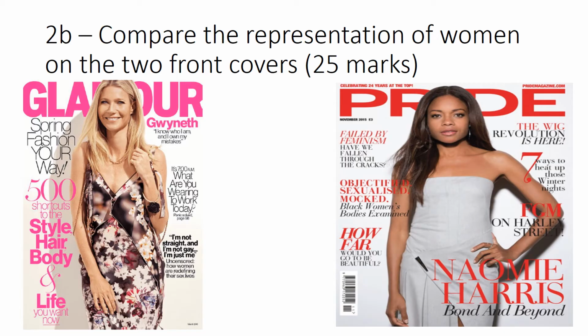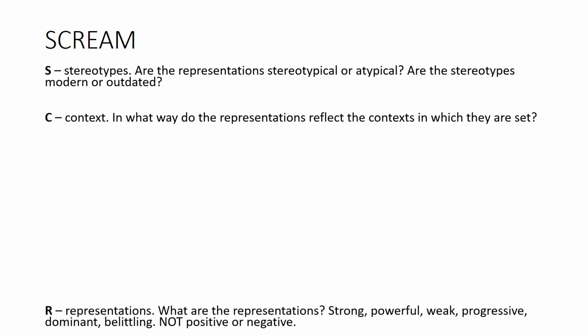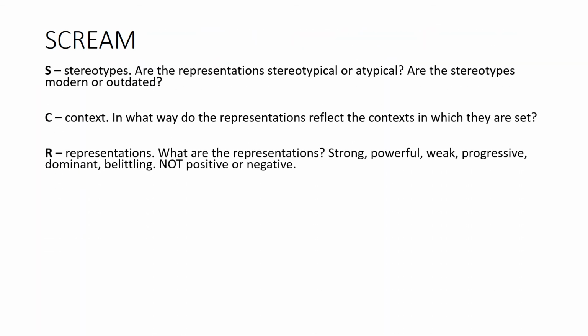It's probably worth spending 10 minutes analysing the front cover, then 5 minutes planning your comparison, and then 20 minutes writing this answer. You're looking to write probably about a side and a quarter, 300 to 350 words, in answer to this question.